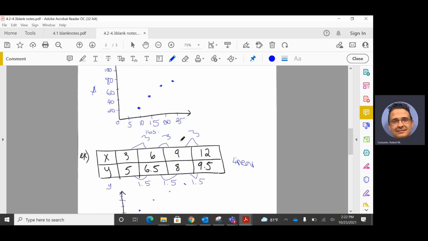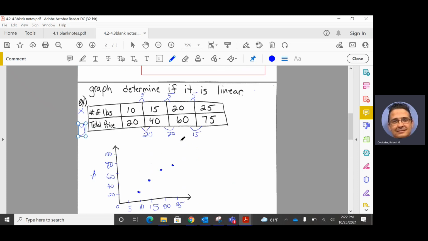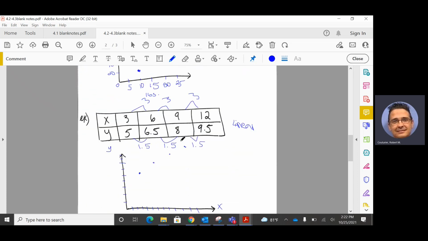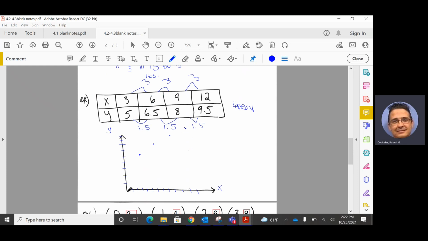Now here's the cool thing. These didn't have initial values or starting points, but we talked a lot about this in the last lesson. When our x is 0, could we predict going backwards? I could get a point before this, right? This is changing by 3.